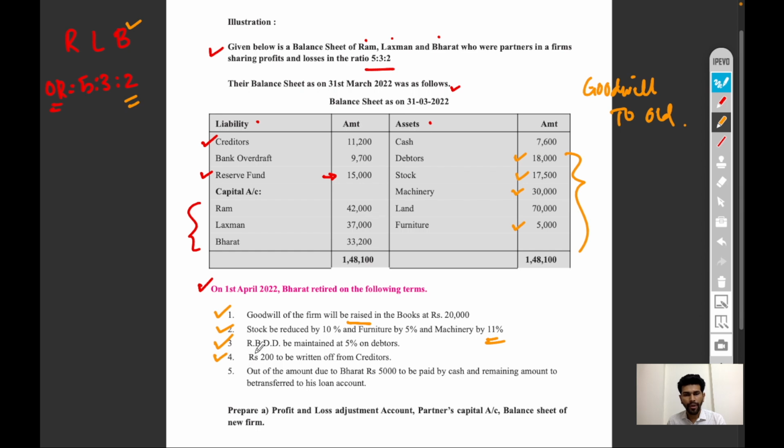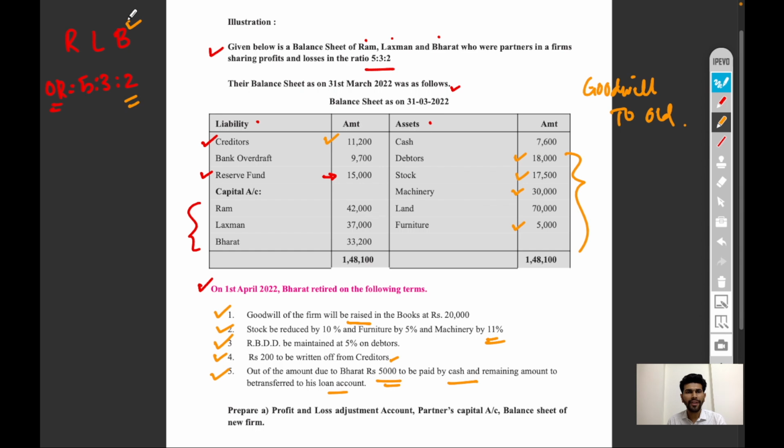Fourth point, 200 rupees to be written off from the creditors. There is adjustment in creditors also, so the amount will be recorded in the inner column. And the last point, out of the amount due to Bharat, 5,000 rupees to be paid by cash and the remaining amount to be transferred to his loan account.